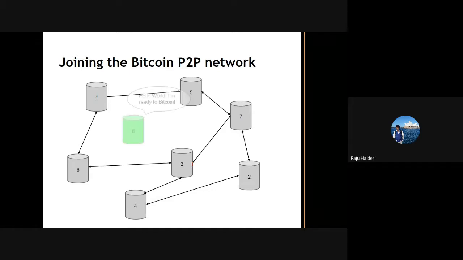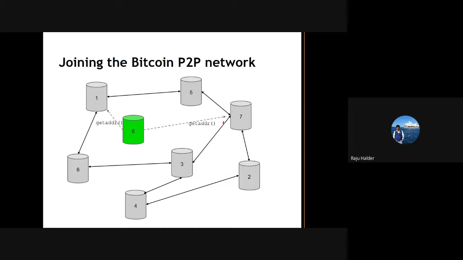For example, node 8 wants to join the Bitcoin network, so it interacts with a nearby node, 5, and asks: I want to join this network, please give me the addresses of your neighbors. The address of 5's neighbors are 1 and 7. So 5 will return 1 and 7, and then 8 will interact with 1 as well as 7.